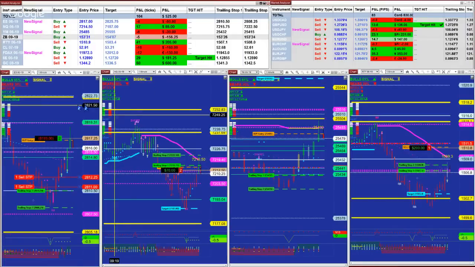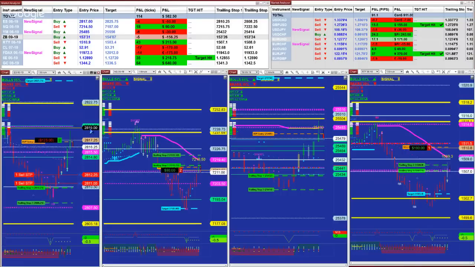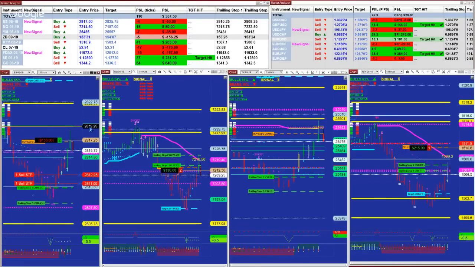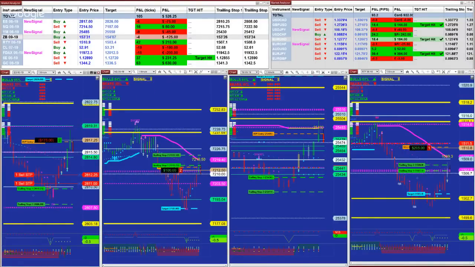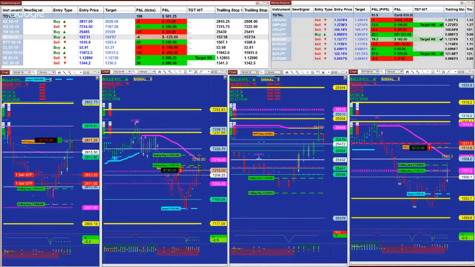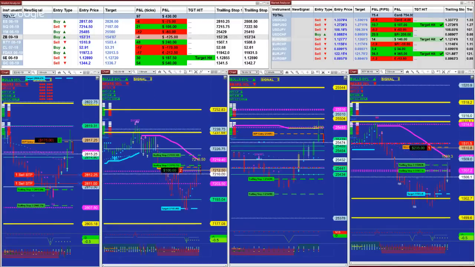The market is going back and forth because at 10 o'clock we have the news, and now the news is out of the way. I think it was the non-farm payrolls, but it's done. There is nothing left.